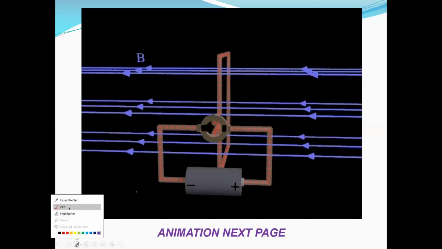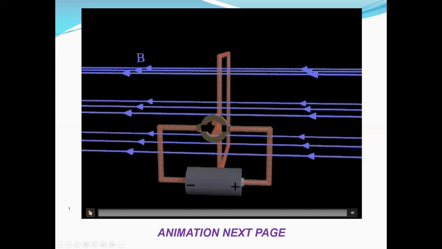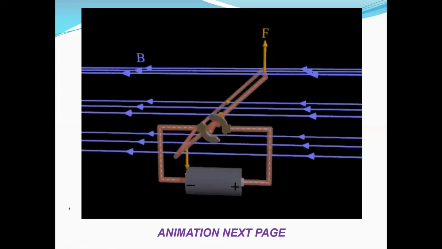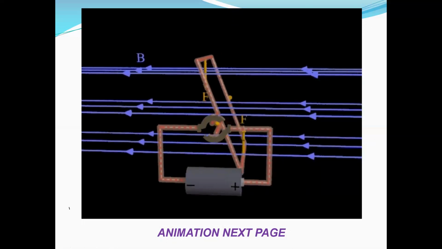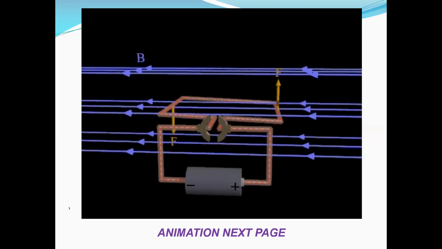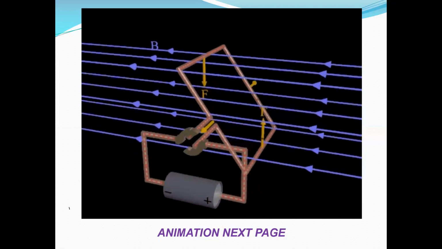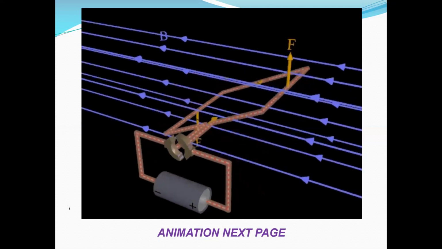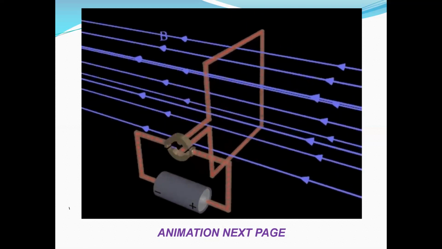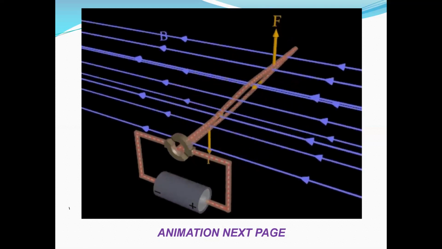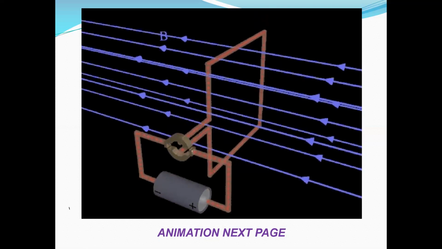Look at this animation carefully. This is the motor coil. It's moving. Carefully see, can you feel the current stops at a point? Do you notice the current stops at a point? Yes, Ahmad, can you reply? Are you there?